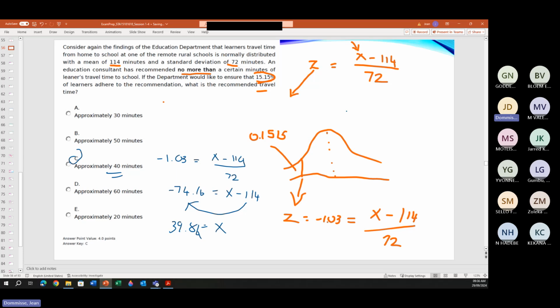So it is different to the other questions because we are basically getting the probability. They give us that probability, the 0.1515.